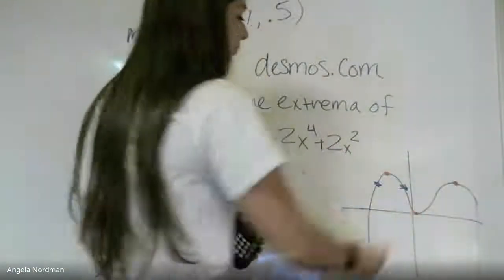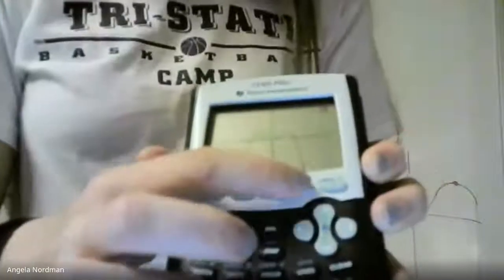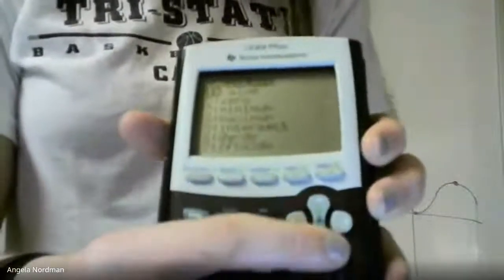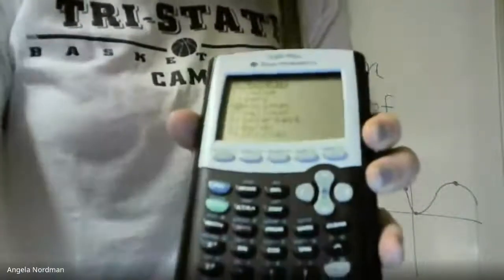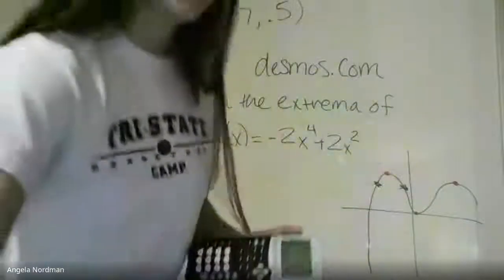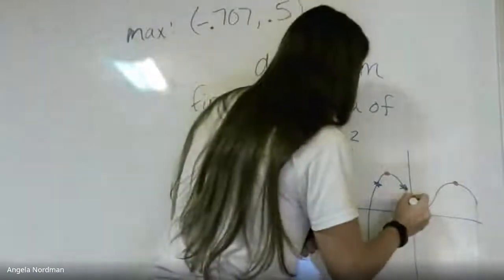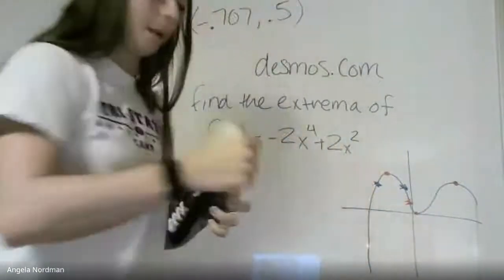Now I'm going to calculate this minimum. So exact same process. I go second trace down to minimum and I press enter. Now I need the spider guy on the left side of that minimum.